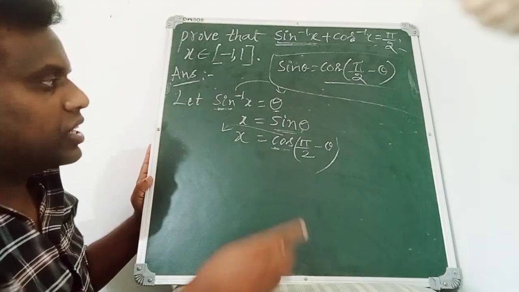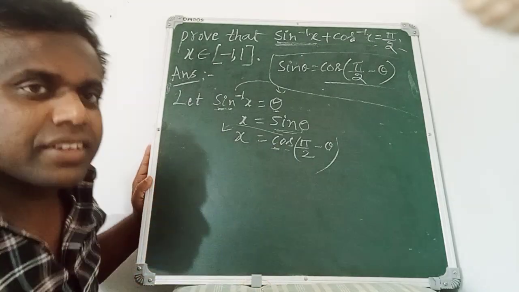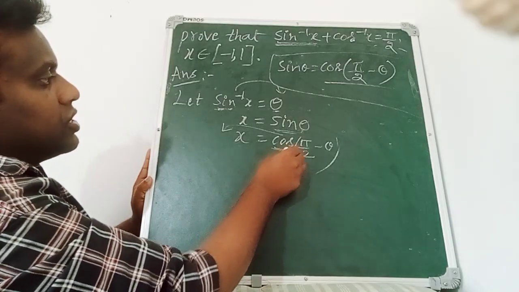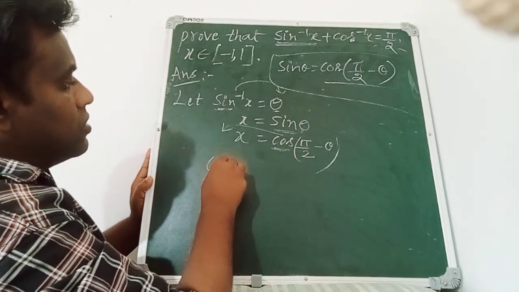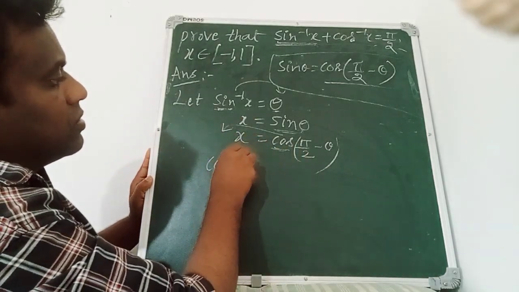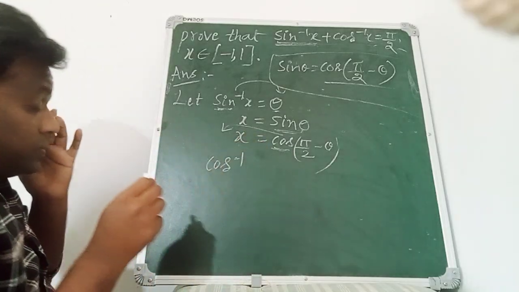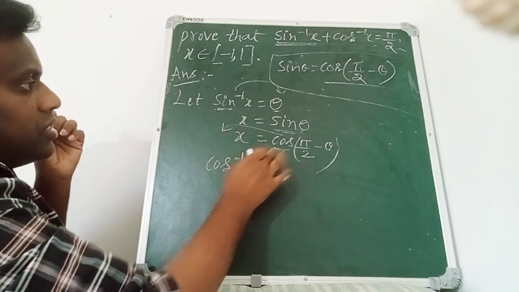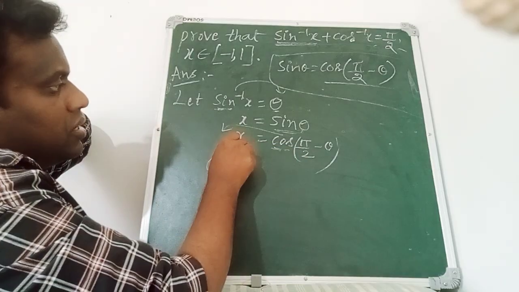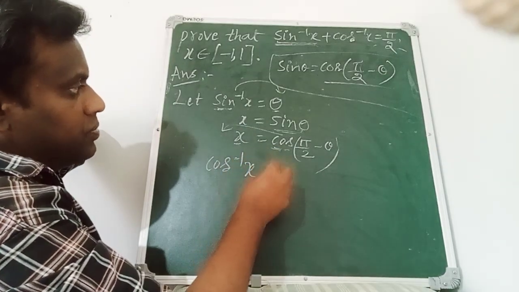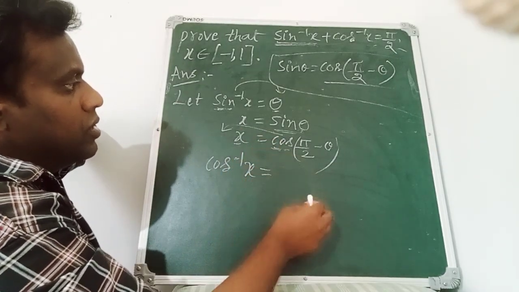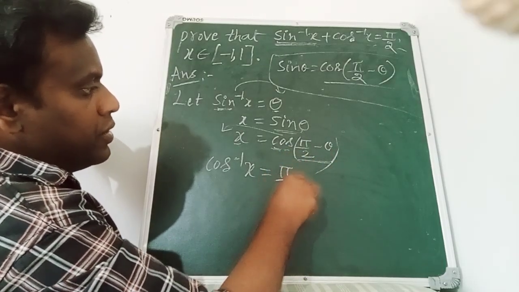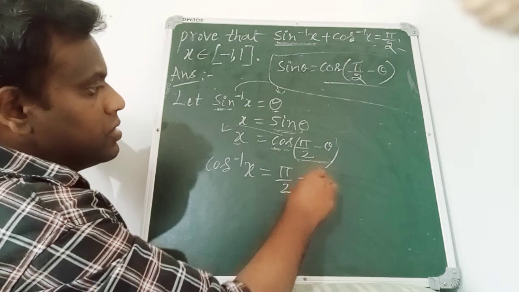So when the function cos is moved to this side, cos will become cos inverse. So when this is moved to this side, this cos becomes cos inverse. This x you write as it is, equal to, and this pi by 2 minus theta you write as it is.